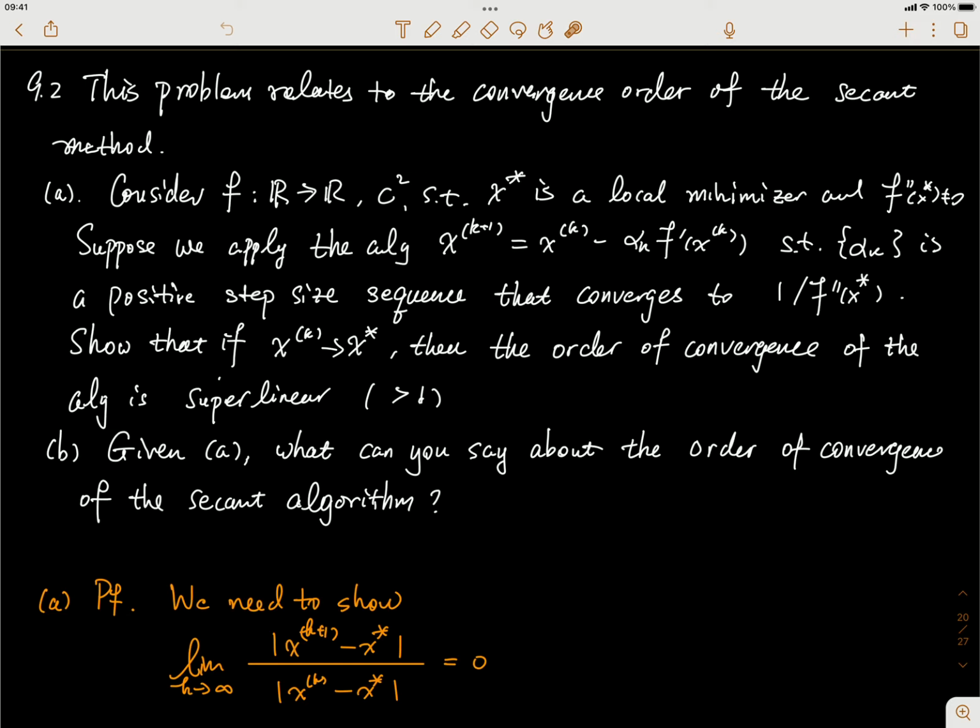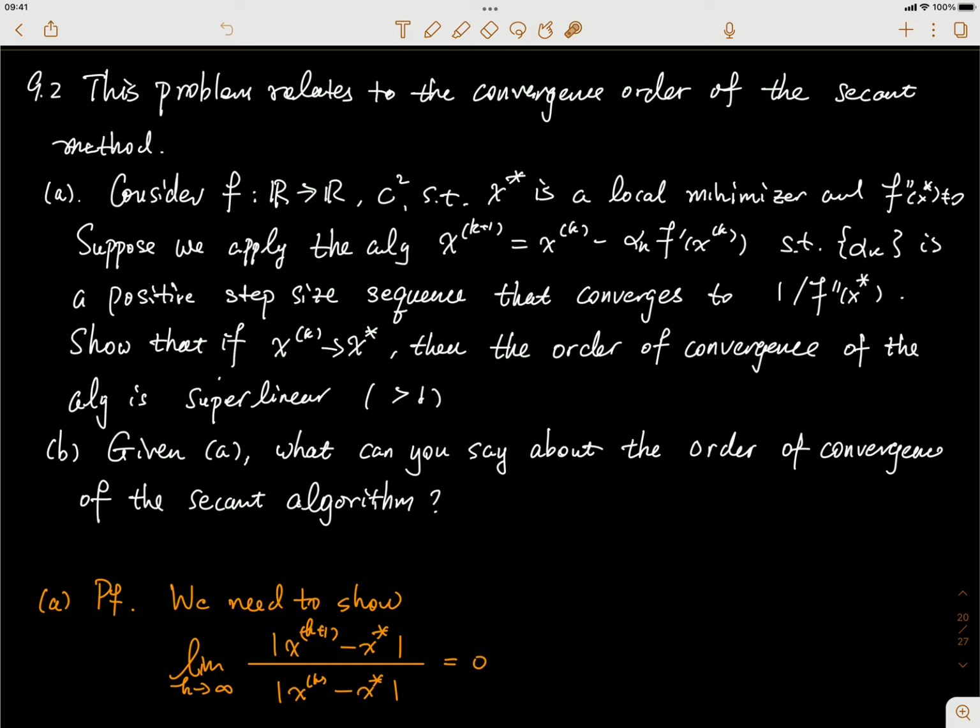Then suppose we have an algorithm that does these iterations, where this alpha k is some step size. For the secant method, this alpha k has a specific choice. But here for part A, we just try to show the convergence of the sequence under the assumption that alpha k, itself a sequence, converges to 1 over f double prime of x star.